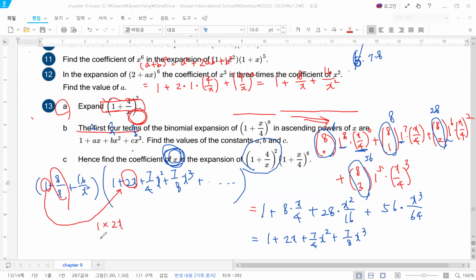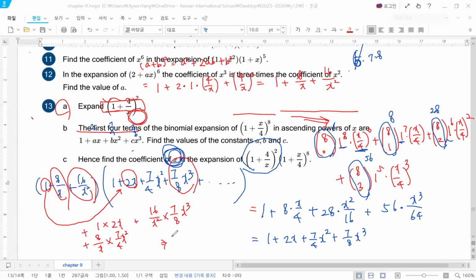Here, 8 over x. To make x, you need to use x squared, right? So that you can cancel x here and x here. So 7 over 4 x squared. And with this one, to make x, you need to use x cubed here. So 16 over x squared times 7 over 8 x cubed. And then you need to add them up.